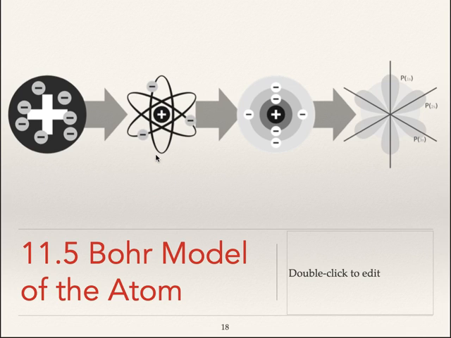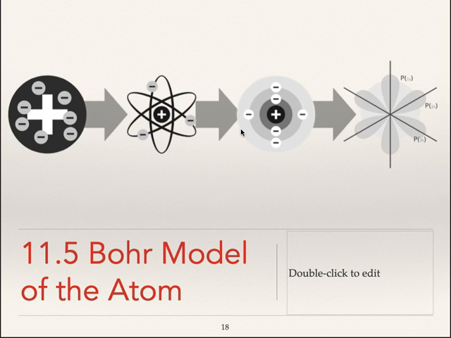And what he recognized is that all the mass and positive charge of an atom is concentrated in a tiny, tiny nucleus, and that the electrons are occupying a cloud that has almost no mass surrounding that. The scale here, of course, is wrong. The nucleus is about 100,000 times smaller than the electron cloud.